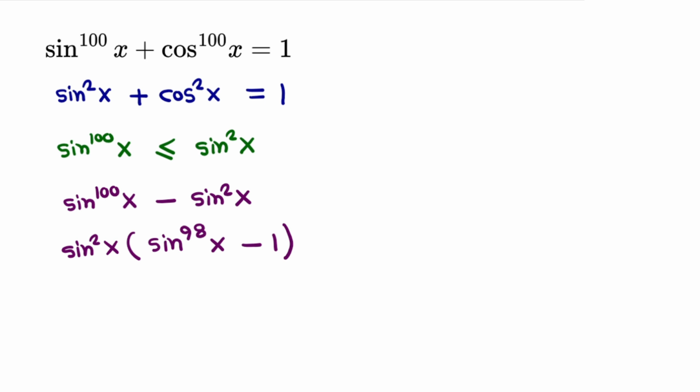Now think about the possible values of sine. Sine of x is always between -1 and 1. So any even power of sine must lie between 0 and 1. That means sine of x raised to the 98th power can never be greater than 1.